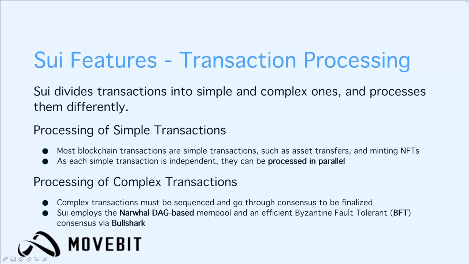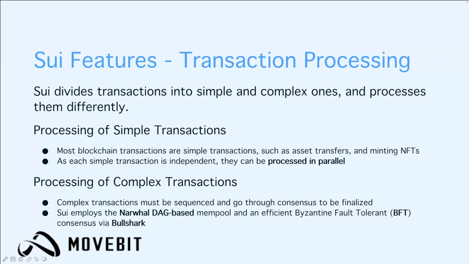So for example, T1 might produce output objects which are then used by T3, and T2 might use T3's output objects. However, transactions with no causal relationship can be processed by Sui validators in any order.